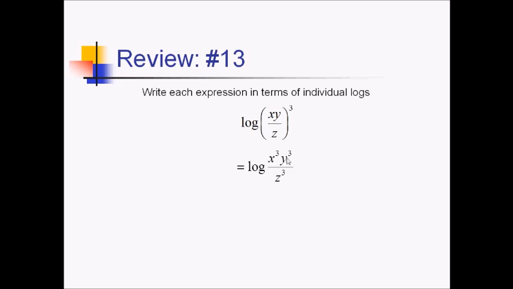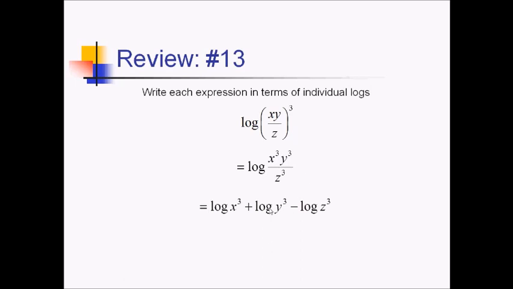Next, I'm going to take care of the multiplication and the division. So when I'm multiplying stuff inside a log, I can split that up into the addition of 2 logs. And when I'm dividing stuff inside a log, I can just subtract a log of whatever's in the divisor here. So I'm going to rewrite this as log of x cubed plus log of y cubed minus log of z cubed. So again, multiplication becomes addition of logs. Division becomes subtraction.